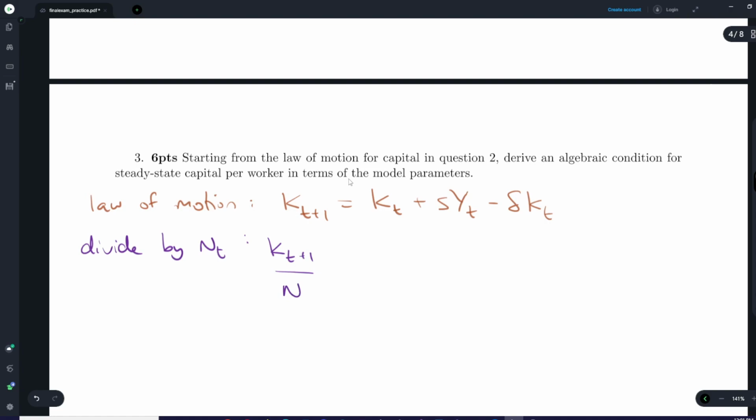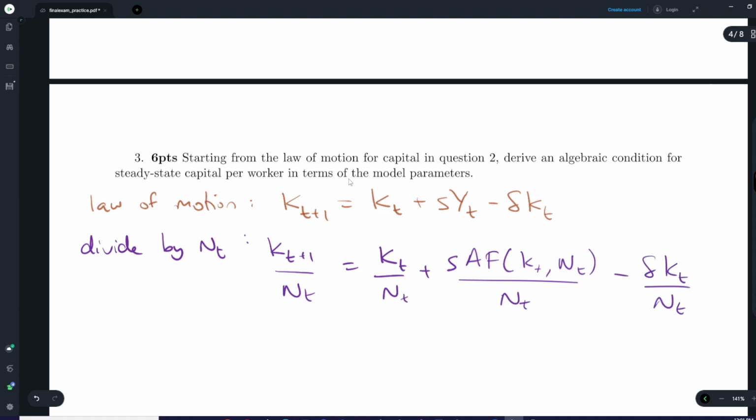K_{t+1} over N_t is equal to K_t over N_t plus s, I actually used A here, sAF(K_t, N_t) all over N_t, subbing in the production function, minus delta K_t over N_t, right? I'm going to call k equal to K_t over N_t, and I'm going to use constant returns to simplify the right-hand side.